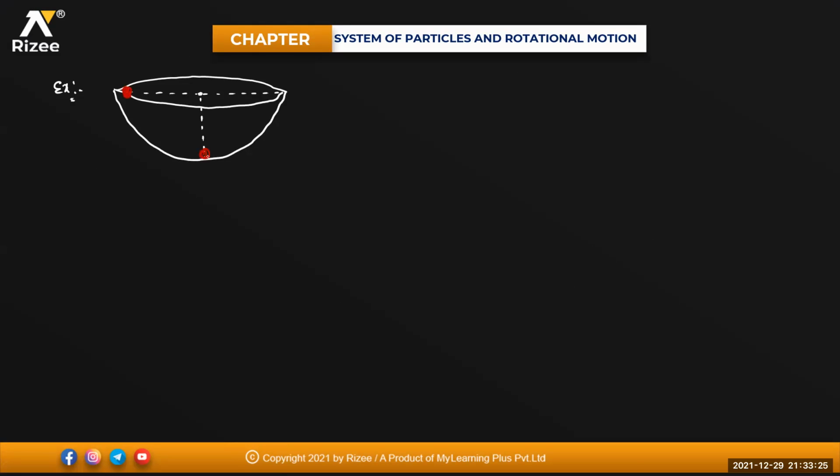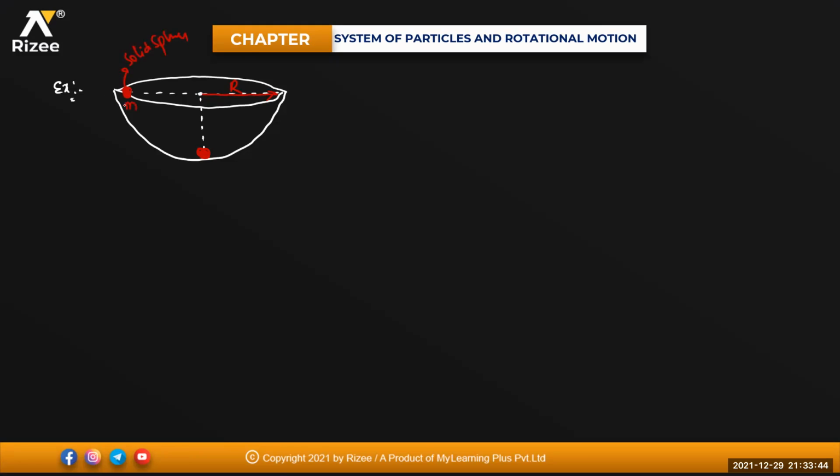From there, it has been coming to the lowest portion somewhere here. And the radius of this one is nothing but equal to r. Okay, so what is that? This is your solid sphere of mass, say, for example, m.